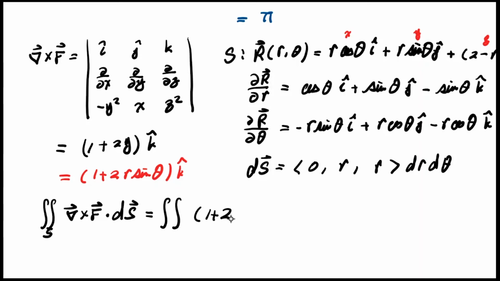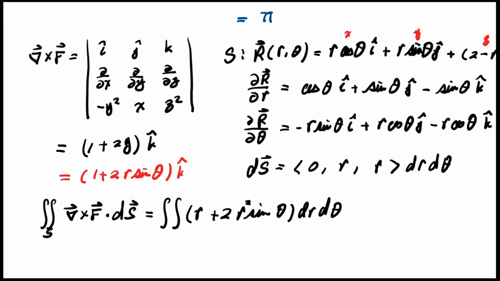So we have 1 plus 2 r sine theta. So far, so good. Oh, I have to substitute r, so I have r squared, right? I'm dotting this with that. Oh, this becomes r as well, d r d theta. You with me?